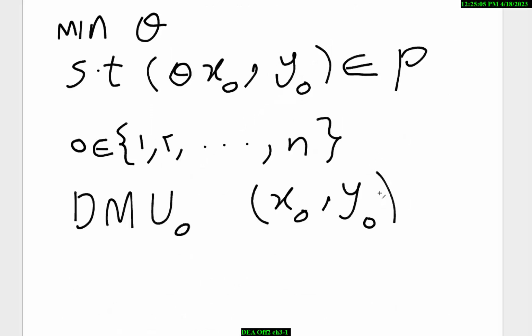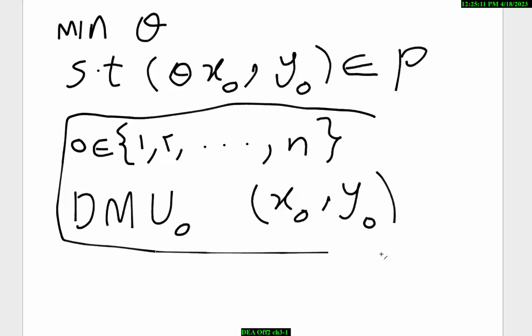And now consider one of the DMUs, for example, DMU o. Here o can be 1, 2, up to n, because we have n decision-making units or DMUs. Each DMU has its input and output vectors.